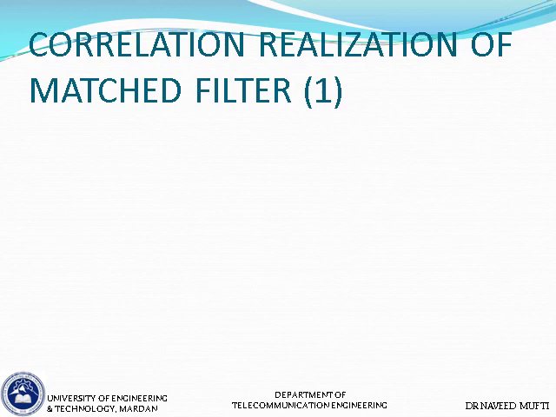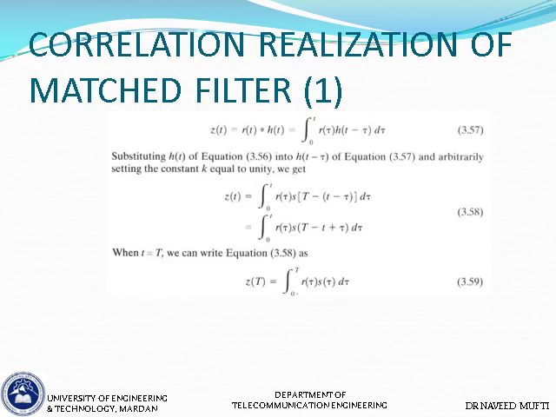Now we come over to the correlation realization of the matched filter. First of all, the figures that we have seen on the previous slide illustrate the matched filter's basic property, that the impulse response of the filter is a delayed version of the mirror image of the signal waveform, as we have discussed.